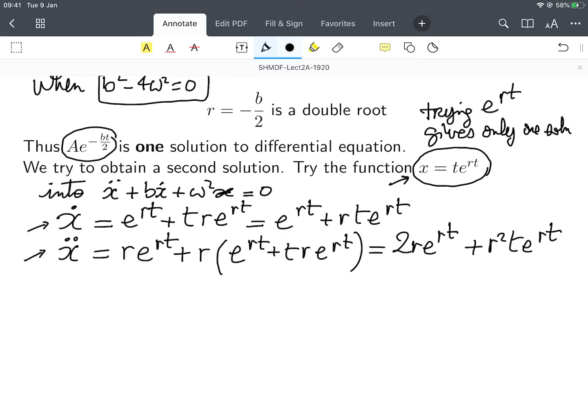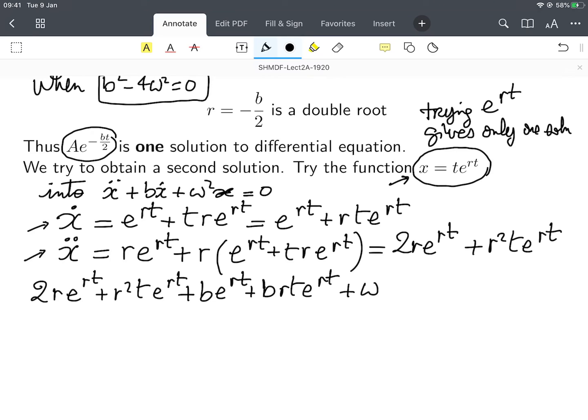So let's go for it. X double dot, I just rewrite it here. Where is this going? It seems awfully complicated. Plus b x dot, so now I have to multiply the line above this by b. Plus omega squared times t ERT equals 0.